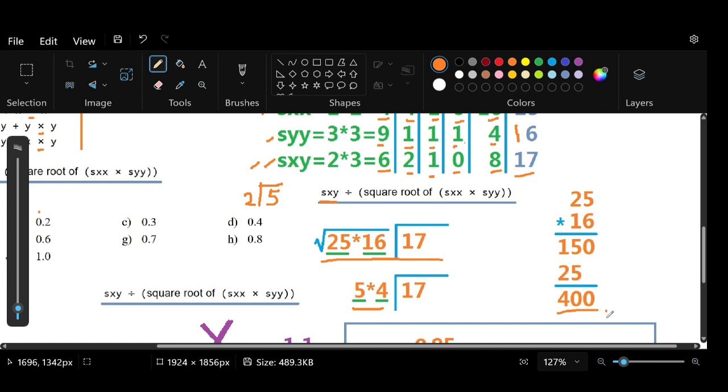So that means that doing a square root first for 25 and then 16 and then multiplying them is the same as doing a multiplication first, 25 times 16, and then a square root.